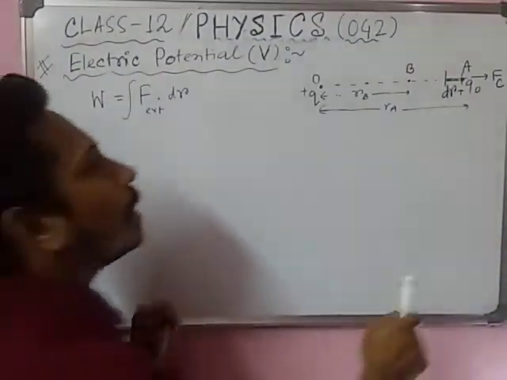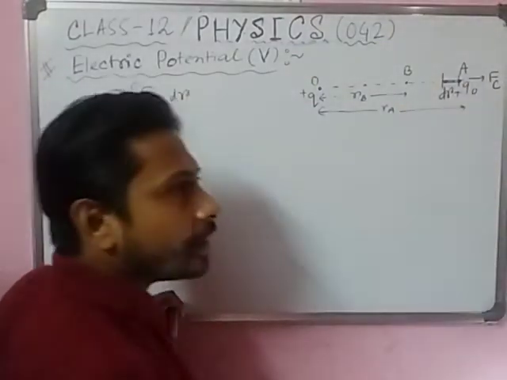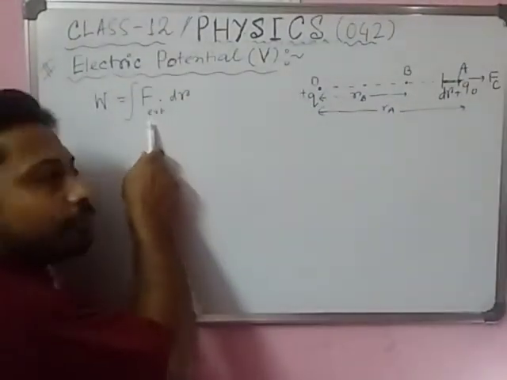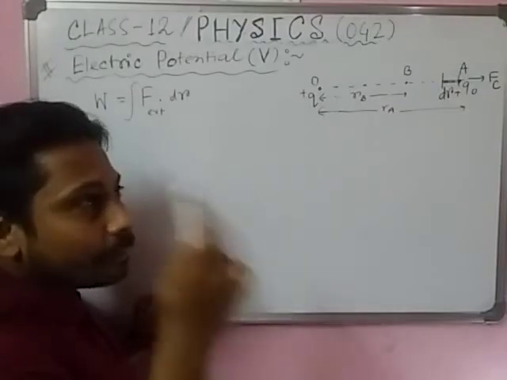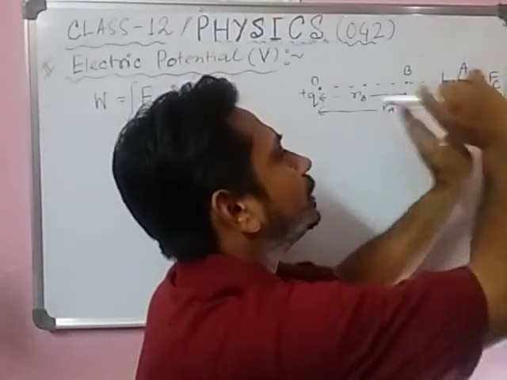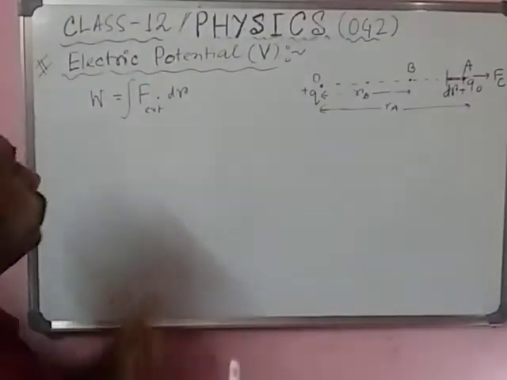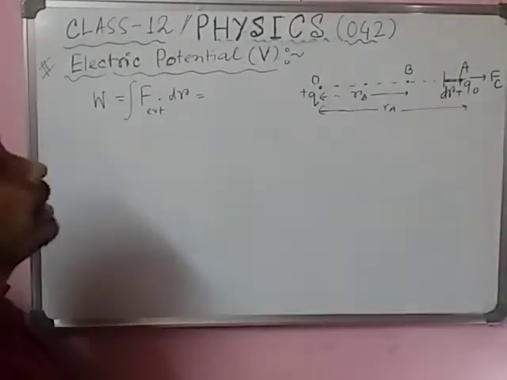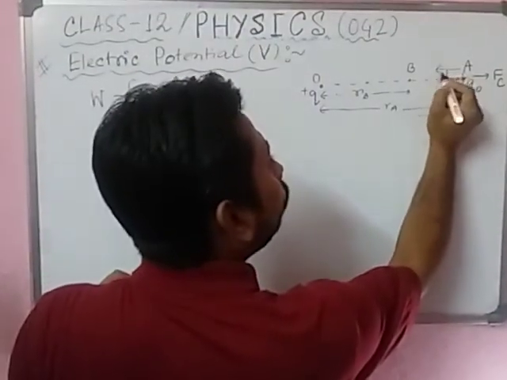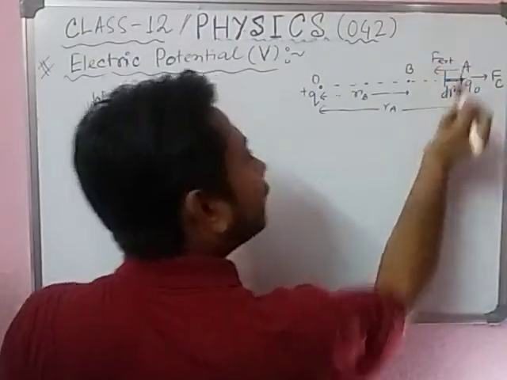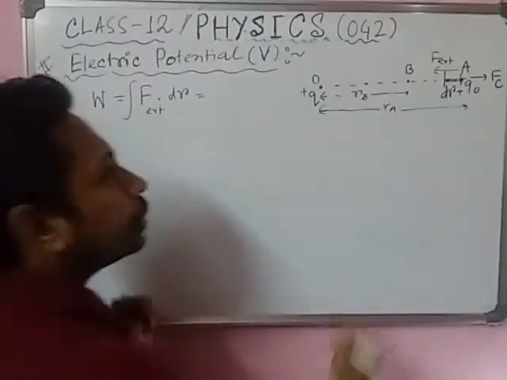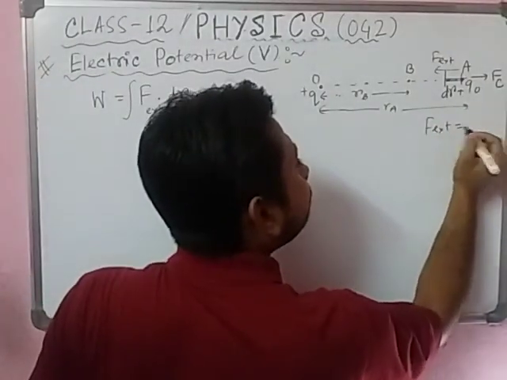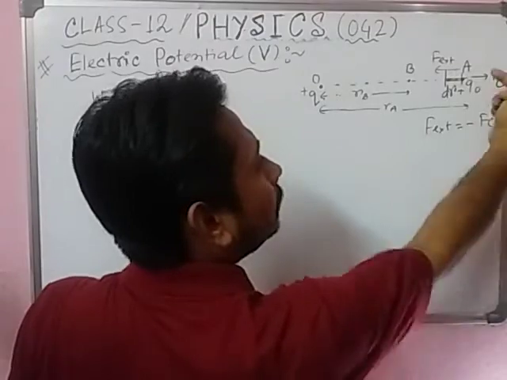There is a Coulomb force which pushes the charge out of the territory of the electric field, so you need to provide an external force in the direction A to B. So students, F external must be minus of Fc, because the direction is opposite.